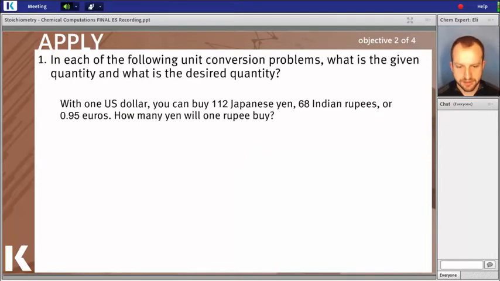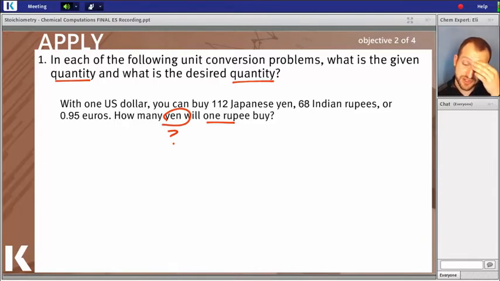We want to know, all right, given 1 rupee, desired unknown, but we want it to be in yen. So our given quantity is 1, desired quantity is some amount of yen, and there are some conversion factors in here.